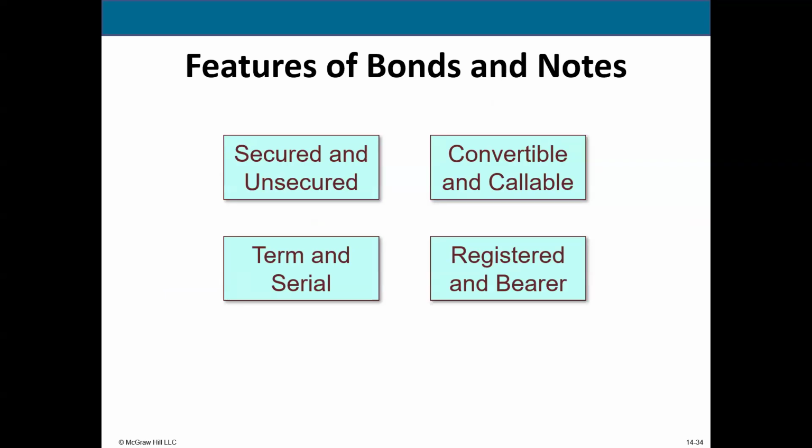A mortgage is a form of a secured loan. A bond can sometimes be considered secure if it's backed by some type of collateral, but oftentimes they're not. So if the loan is backed by collateral, we call it secured. If it's not, we call it unsecured.